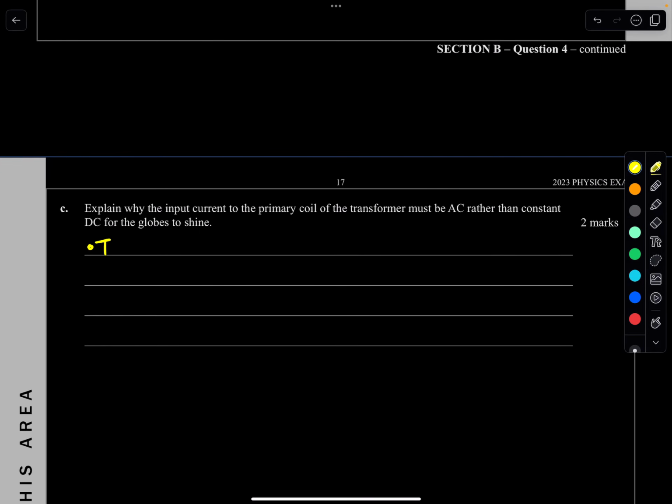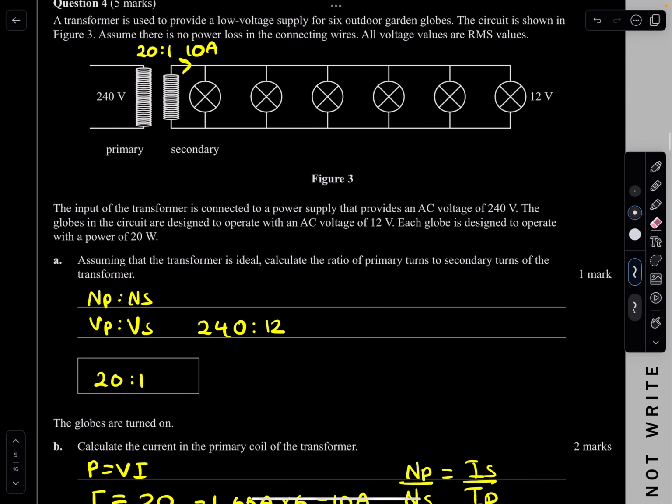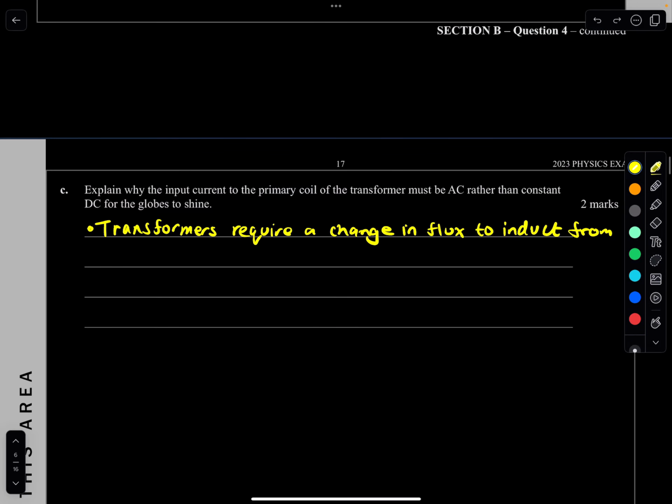So transformers require a change in flux to induct from one circuit to the other.